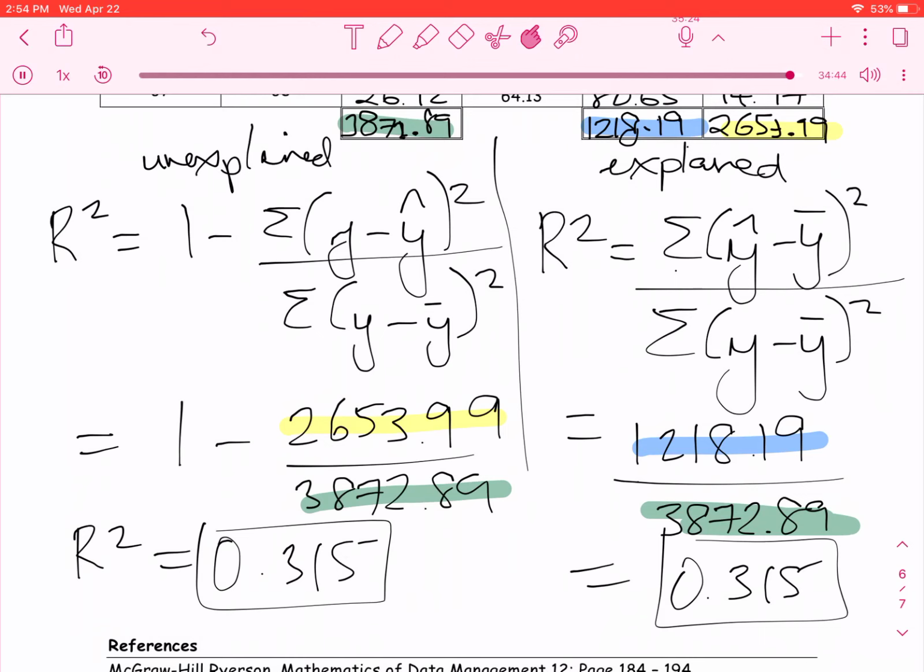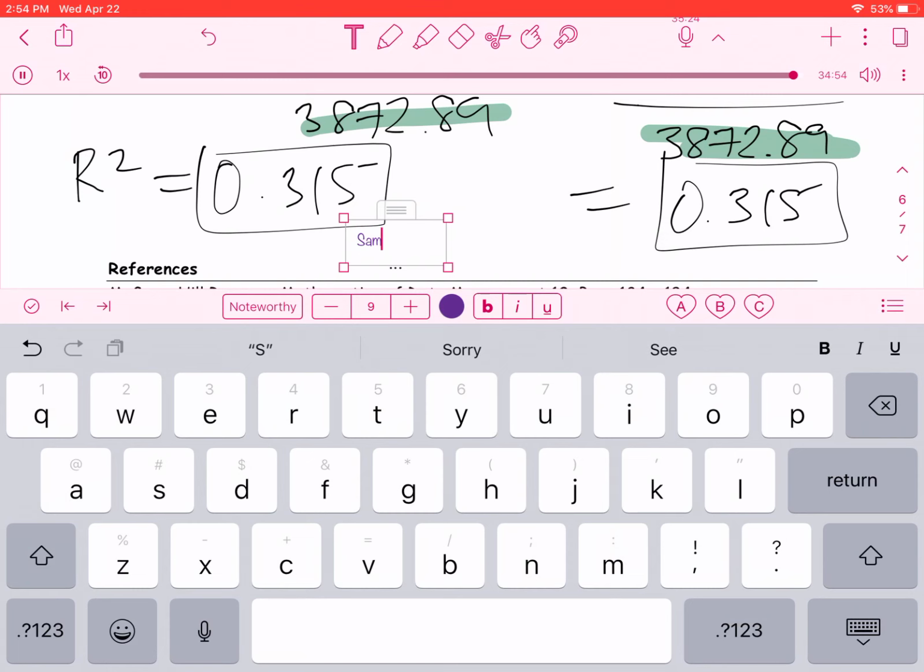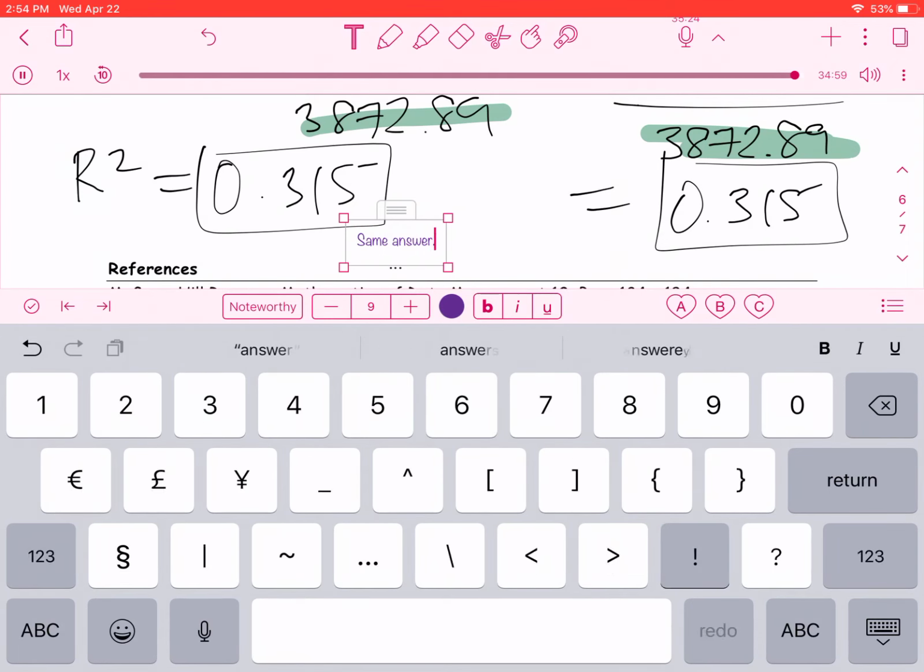Okay, so ultimately, if you want to figure out the proportion to see if your model actually explains a good expected value, you can use either of those two formulas, with the unexplained and explained, and you'll notice that they do end at the same result.